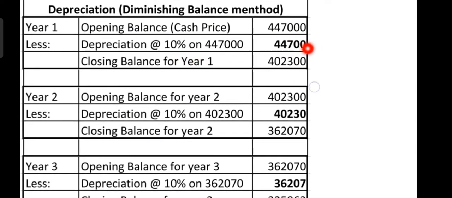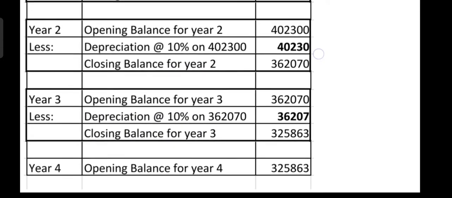For year 2 the same closing balance becomes the opening balance, that is 4,02,300. On that opening balance you calculate 10% depreciation, which comes to 40,230. Again you deduct 40,230 from 4,02,300, and 3,62,070 is the closing balance for year 2.